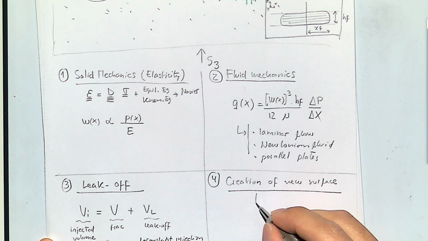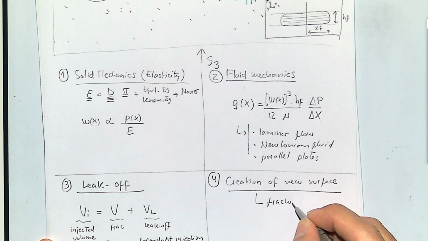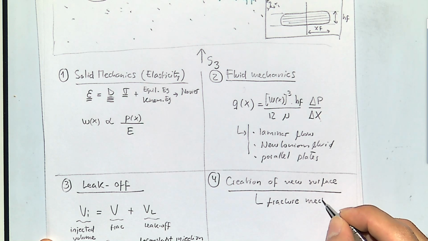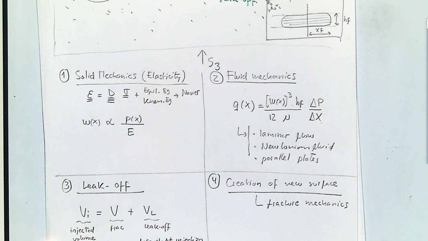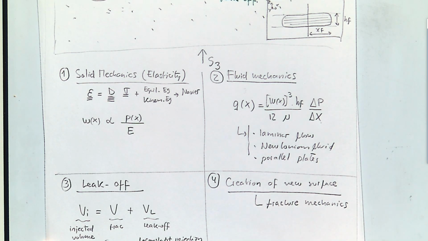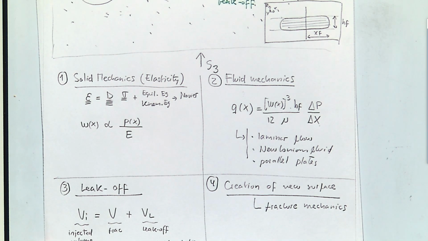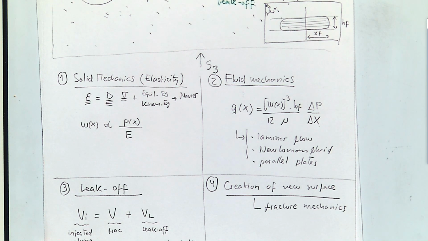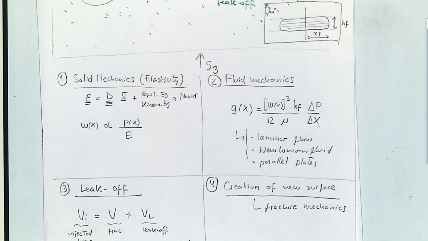And we're going to solve this with fracture mechanics. I'm just going to make this very quickly now. I'm going to explain in detail what's going on with that. But basically, in order to know if a fracture propagates or not, we cannot use a tensile strength criterion, for reasons I'm going to explain in a bit.